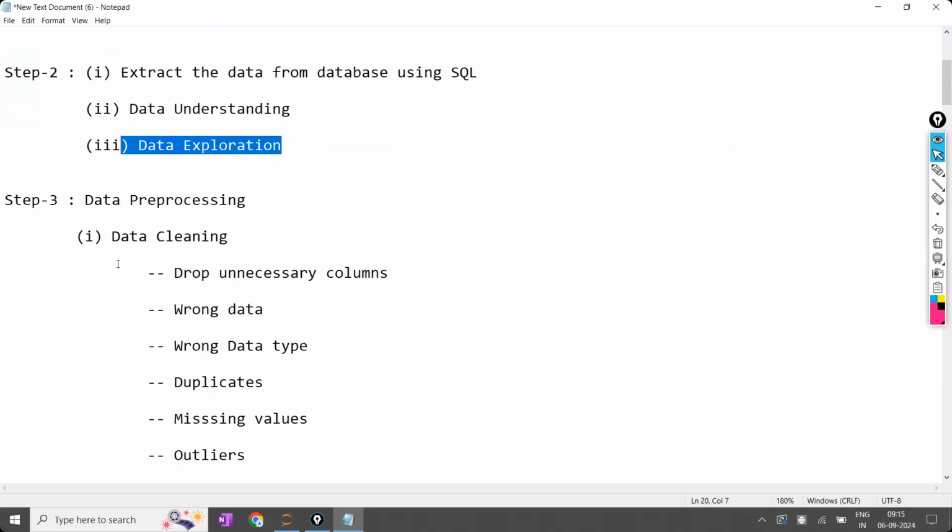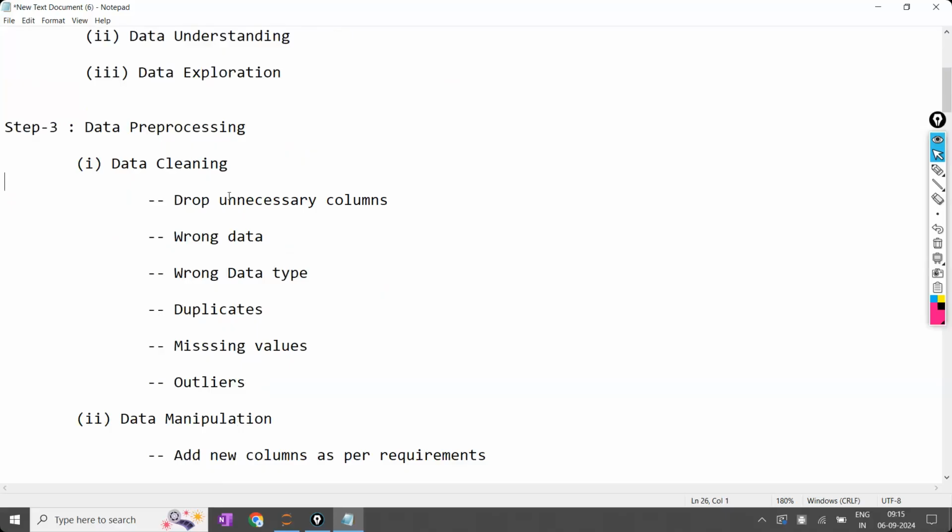Once we collect, explore and understand the data, then we'll do the data cleaning. In the data cleaning, we are going to drop the unnecessary columns. Any wrong data, we are going to replace. Any wrong data type, we will modify.